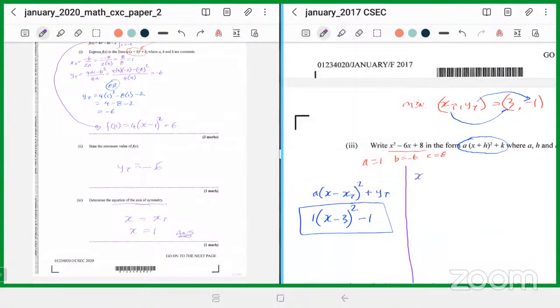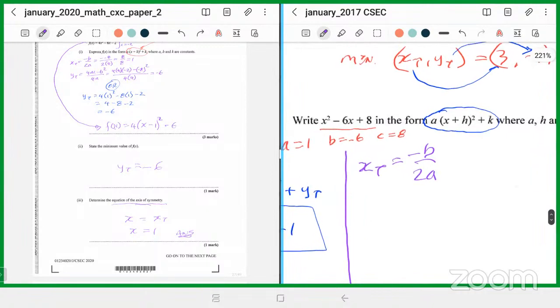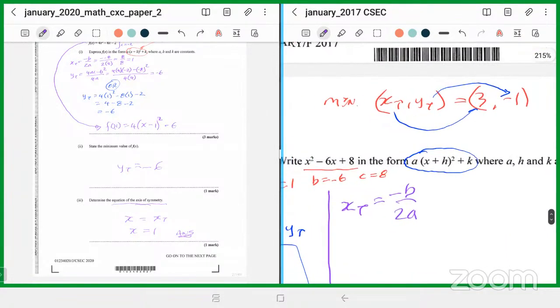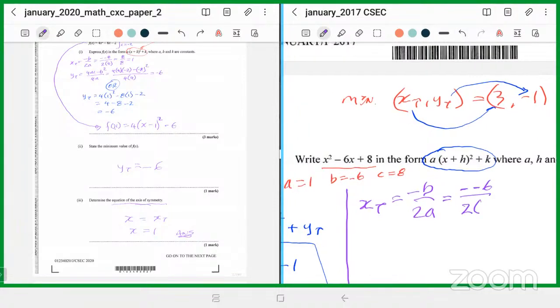So xt is minus b over 2a. It becomes equal to minus, that's this minus, and this b is -6, so it's minus (-6) over 2 times a.